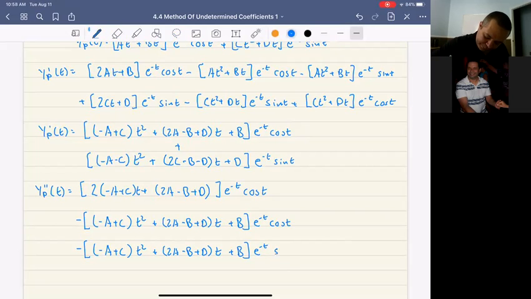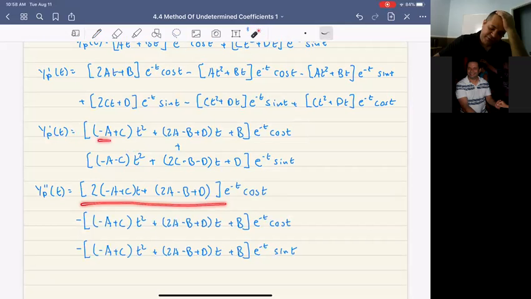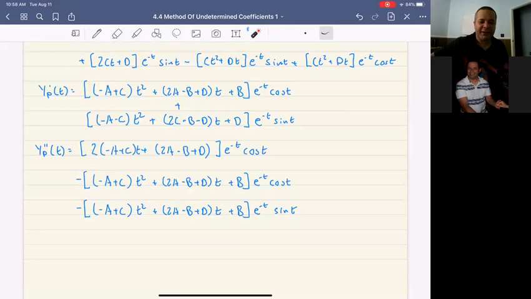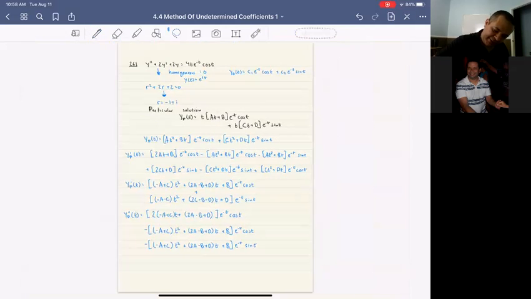So this first term was just taking the derivative here. The second one, the derivative of e to the negative t is minus. And the third one, the derivative of cosine is minus sine. Okay. Now for the sine part. Ugh, running out of space.